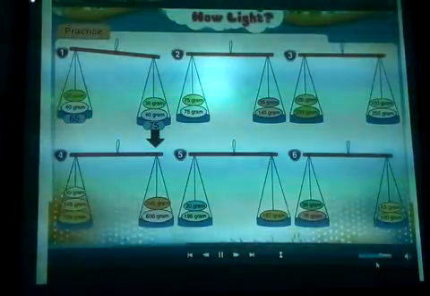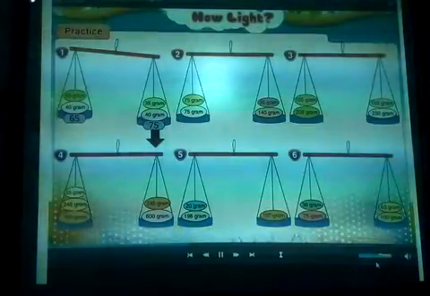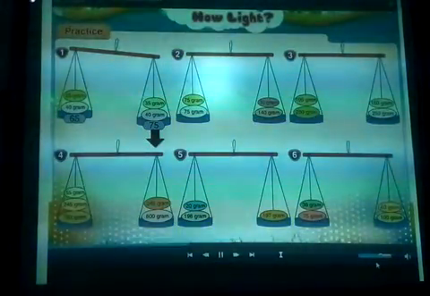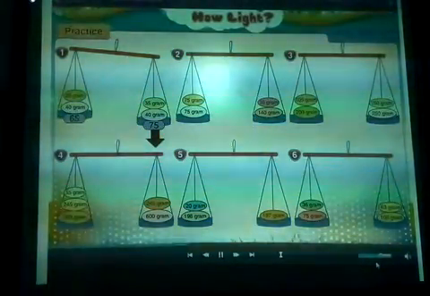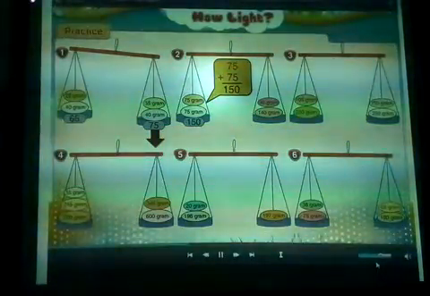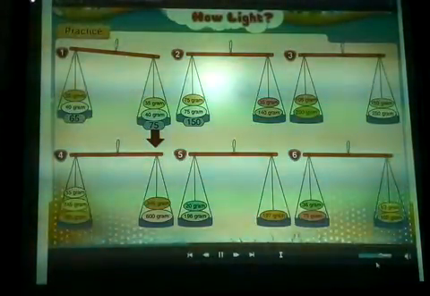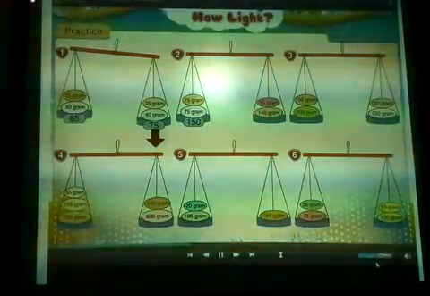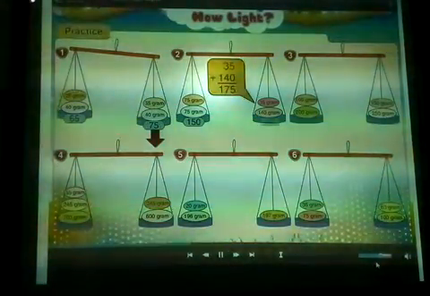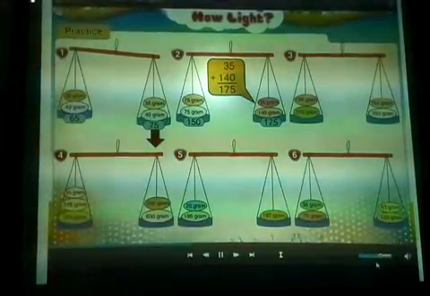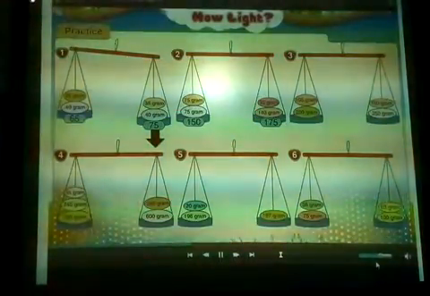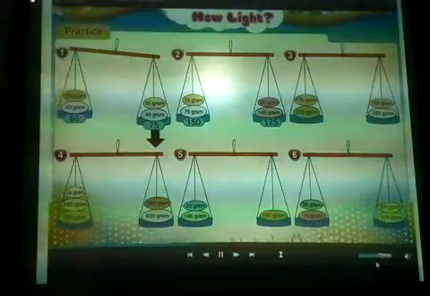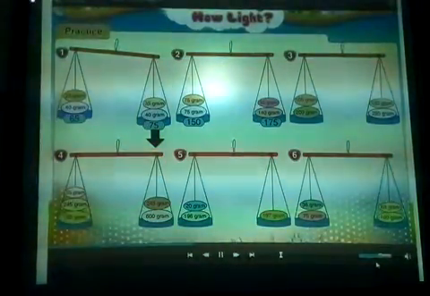In this picture, one pan has 75 gram and 75 gram, that is total 150 gram. The second pan has 140 gram and 35 gram, that is 175 gram in all. The second pan has more weight and hence it will go down.